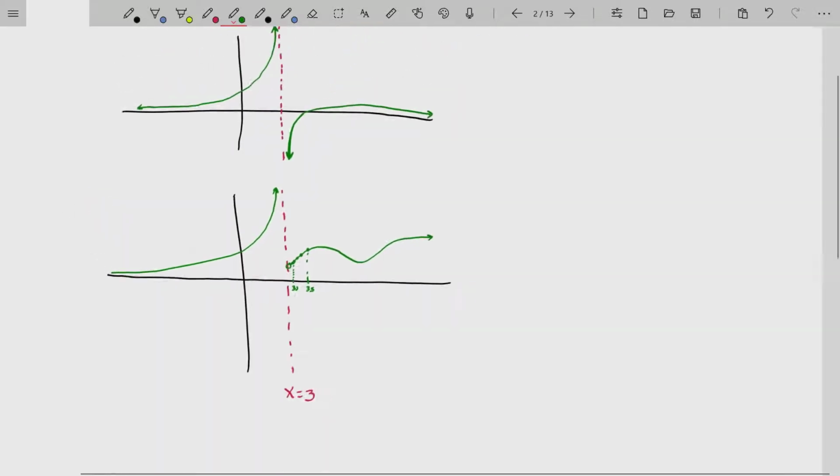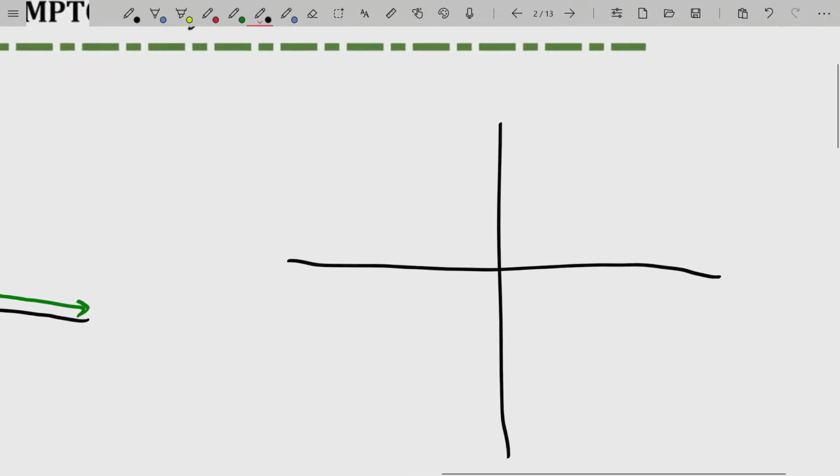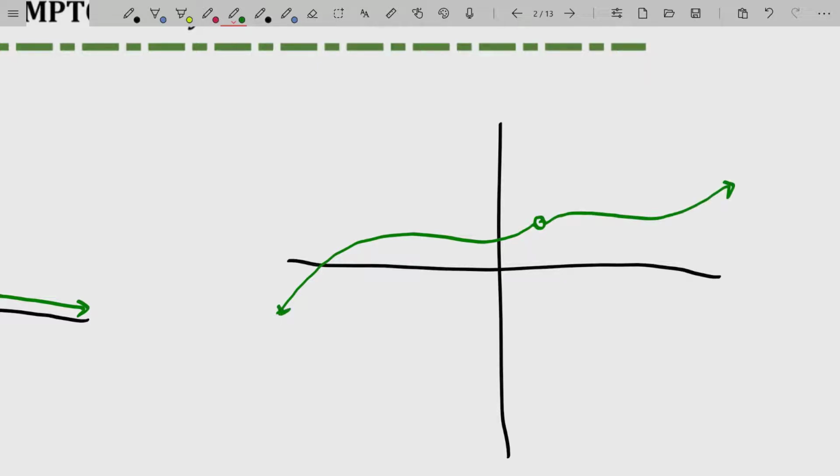Now, it's worth stating that because when you graph rational functions, you sometimes get holes in the graph, a hole in your graph is not a vertical asymptote. So just be very aware.